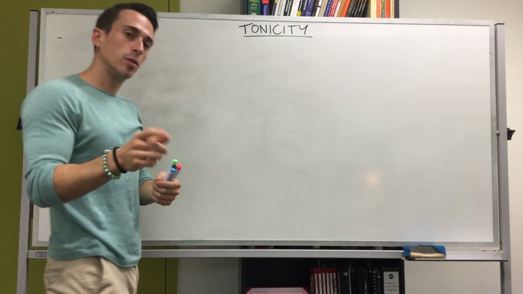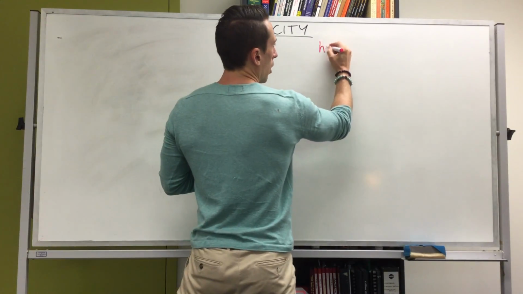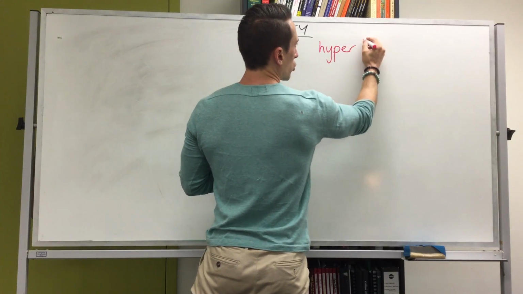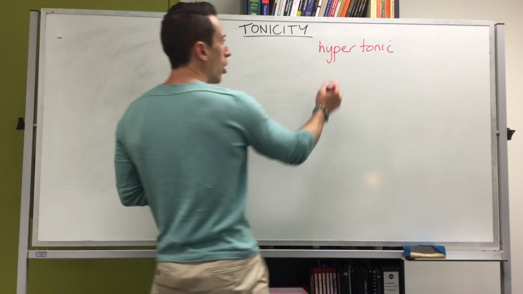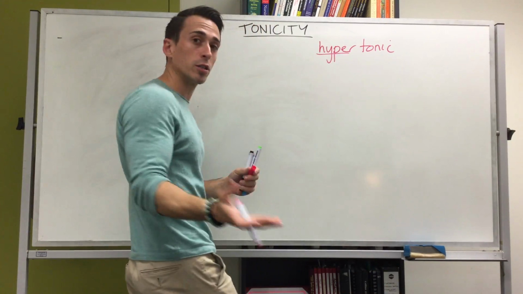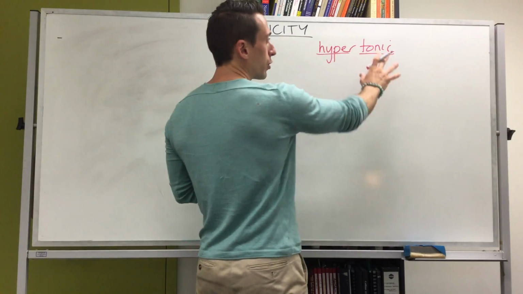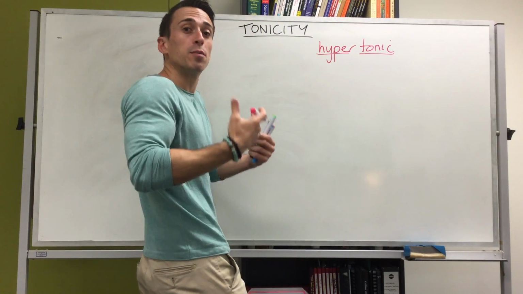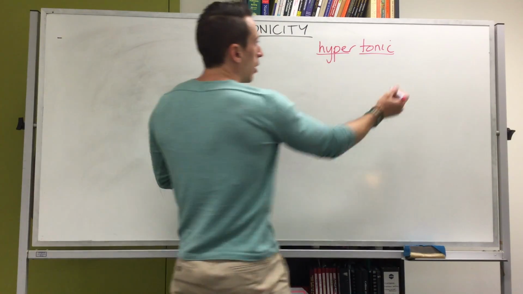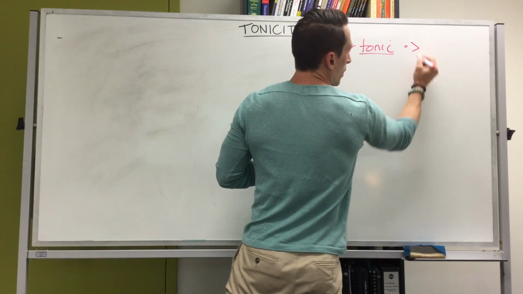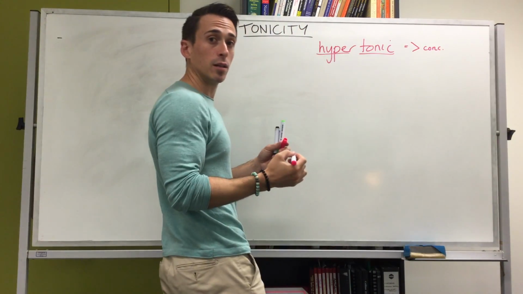There are some terms you need to be aware of for tonicity. One term is called hypertonic. What does hypertonic mean? Hyper means more than, and tonic is referring to concentration differences. So a hypertonic solution is a solution that's more concentrated than inside the cell. A hypertonic solution has a greater concentration than inside the cell.